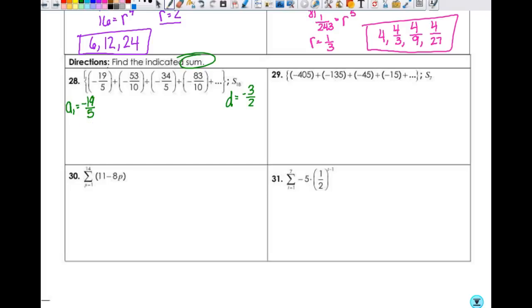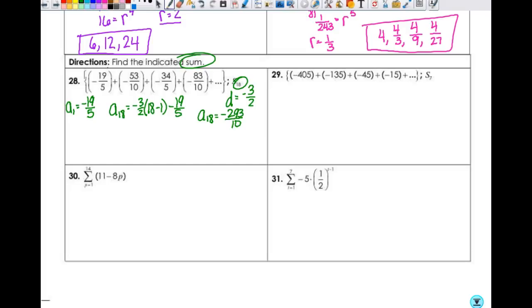I also need A18, so I got to find that. So A18 is going to be equal to the common difference times n minus 1 plus A1, which is -19/5. So you do all that to get that A18 is equal to -293 over 10.